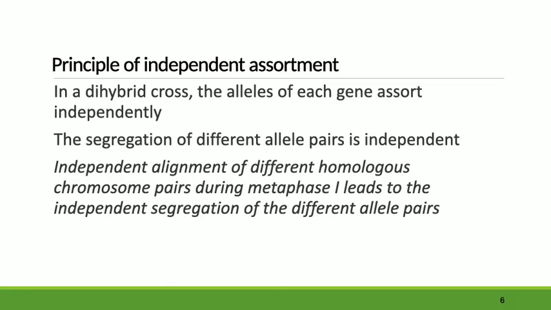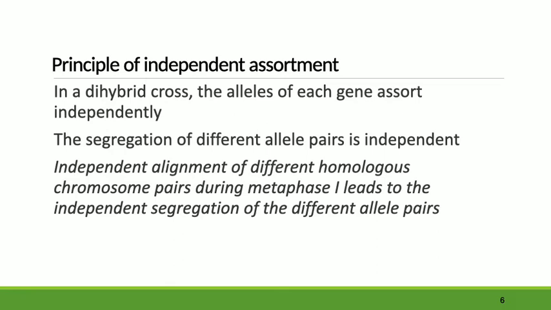This is because of the independent alignment of different homologous chromosomes during metaphase 1. So remember how we said they can align at the metaphase plate. The tetrads in meiosis 1 can align at the metaphase plate facing various directions, and how one tetrad aligns has nothing to do with how the other tetrad aligns, and therefore the chromosomes can be separated separately.